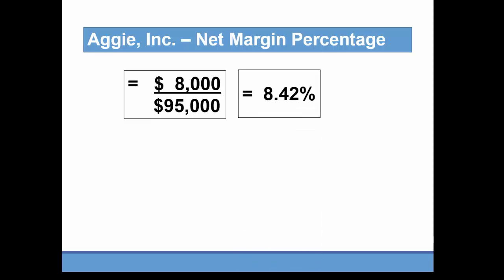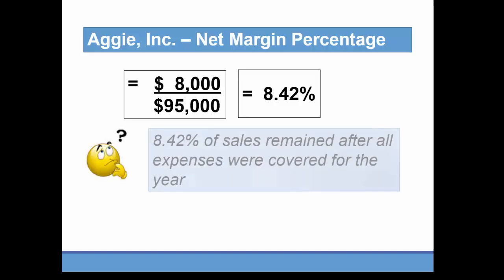So plugging in 8,000 divided by 95,000 is 8.42%. Now this tells a manager that 8.42% of sales remained after the costs were covered. So if about 8% went toward profit, 92% went toward expenses for inventory and every other expense that the company had on the income statement.